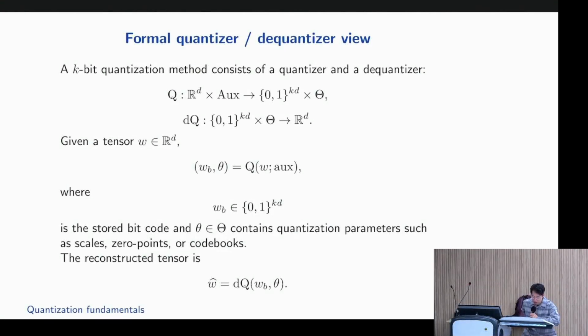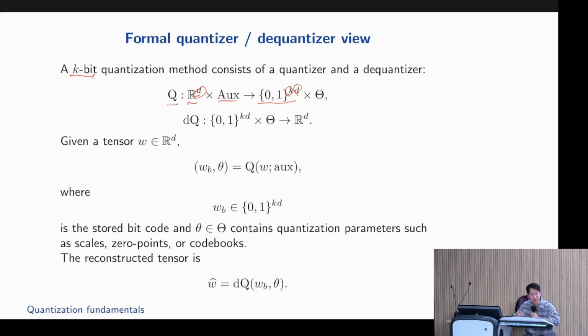Okay, so can we introduce some framework? Let's say we're doing some k-bit quantization. This function q takes a real vector, with some auxiliary input, and outputs a binary vector of size k times d. So each real number gets mapped to k bits, and we have d such numbers.